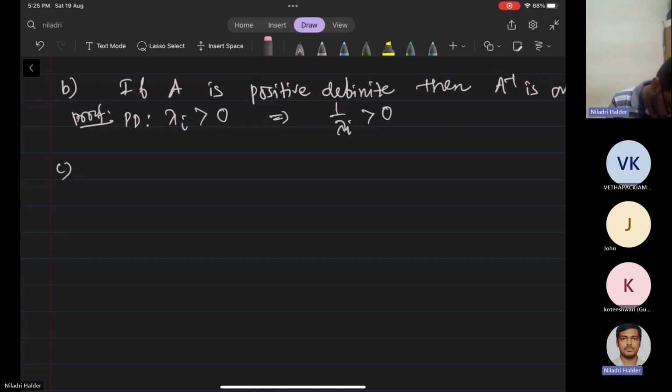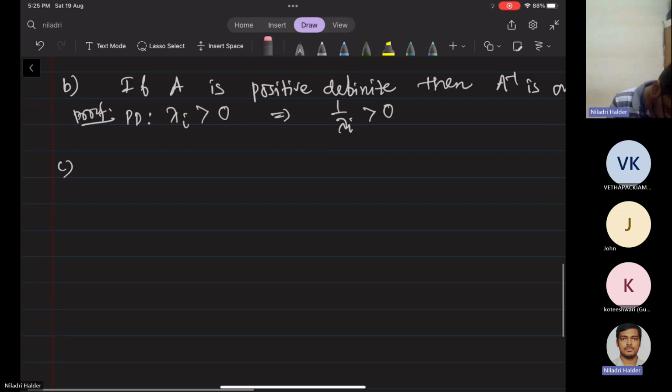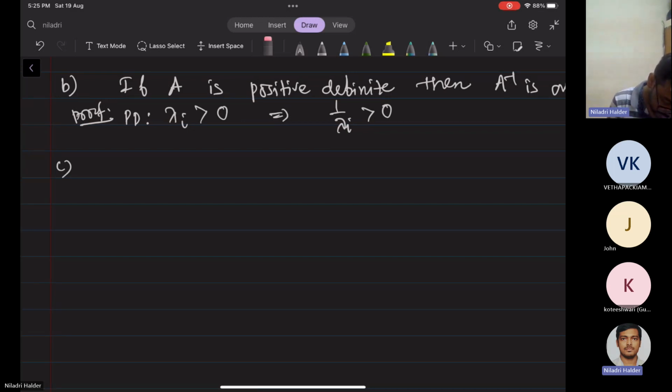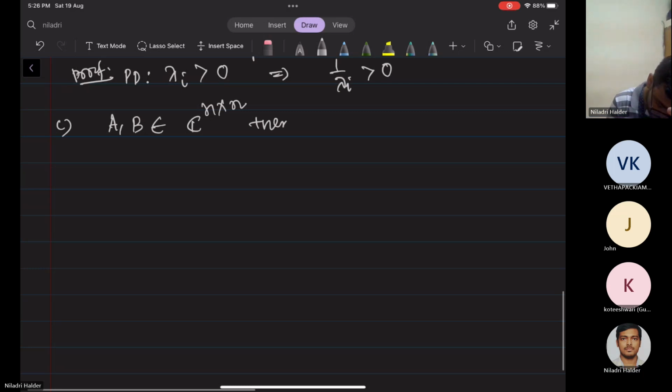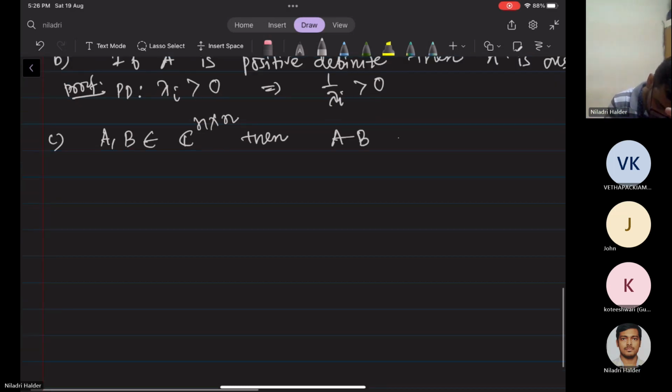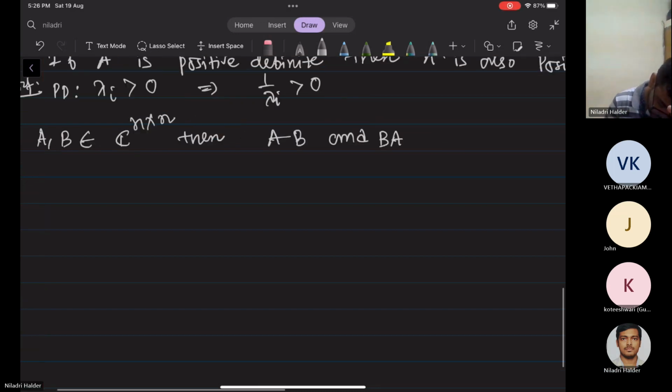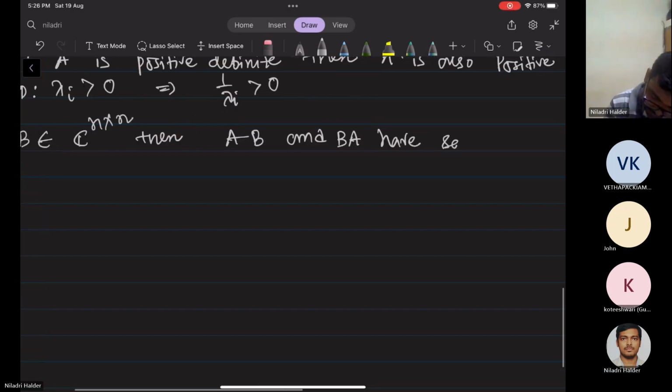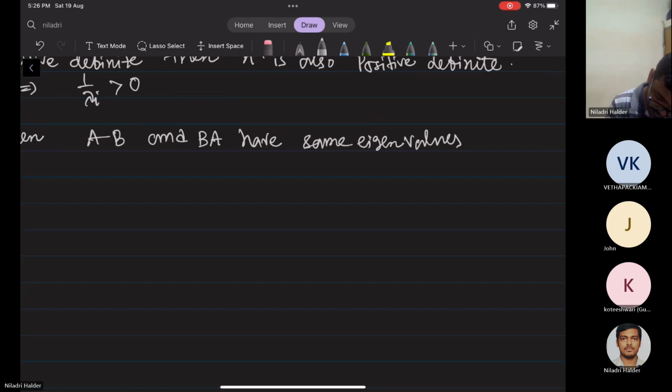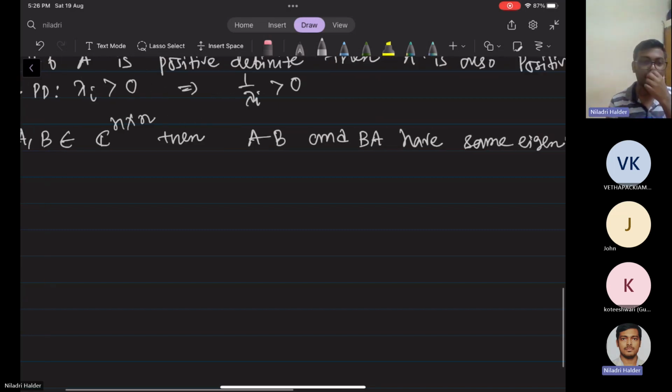Okay, so then the third property is that AB and BA have the same eigenvalues. So suppose A is an n cross n matrix. So A and B both are n cross n matrices. Then both have the same eigenvalues.